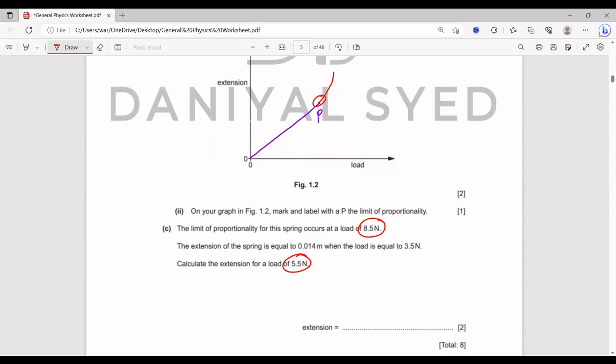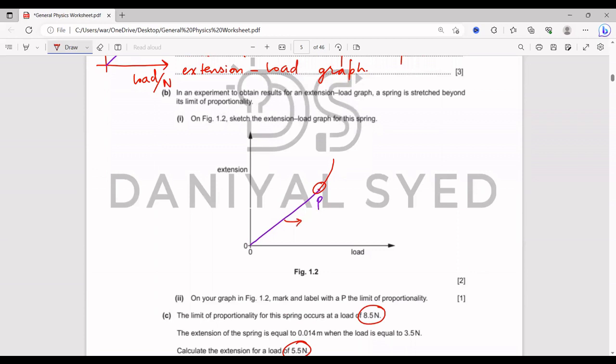And within the limit of proportionality, the gradient of the graph is constant. And the gradient of the graph shows the spring constant. What is a spring constant, bacho?